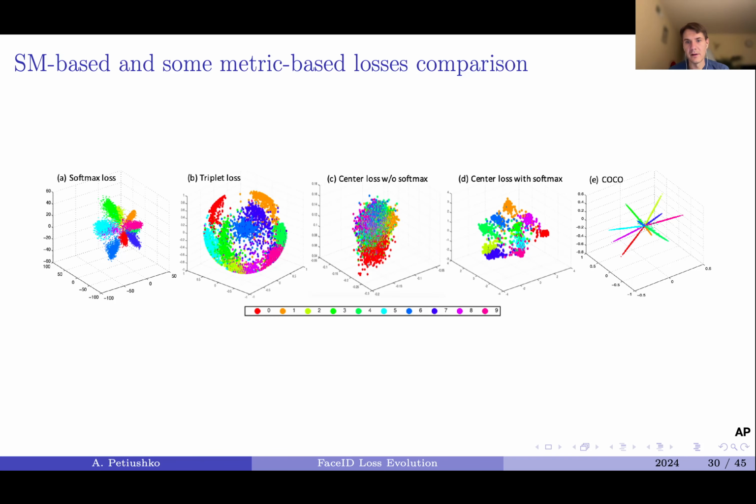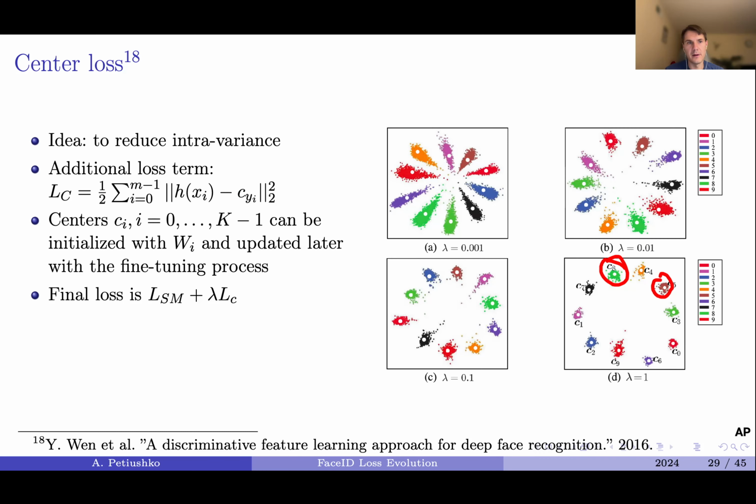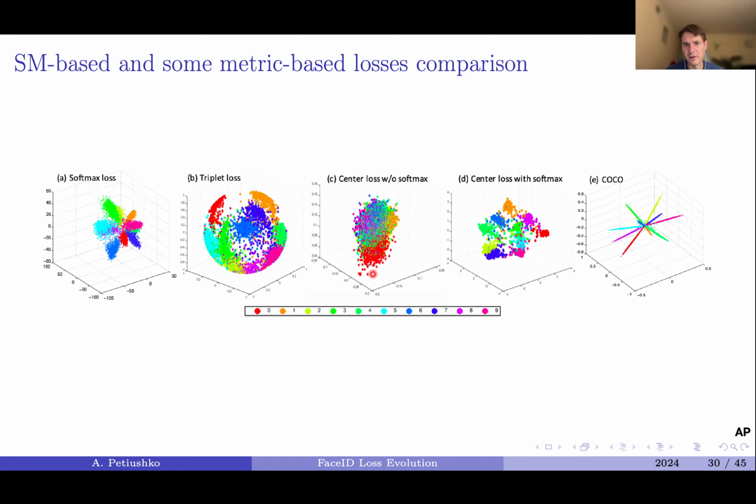And here is a quite beautiful comparison of the different losses that we looked at before. Softmax loss and triplet loss, you can see on the sphere because we normalize the representations, occupy different areas on the sphere. Then center loss without softmax, so when we only have LC, still looks quite random, but when we add softmax, it tries to push the classes against each other.